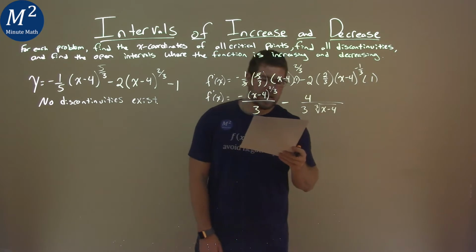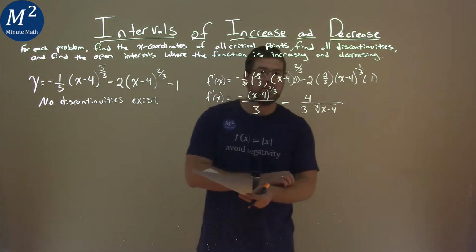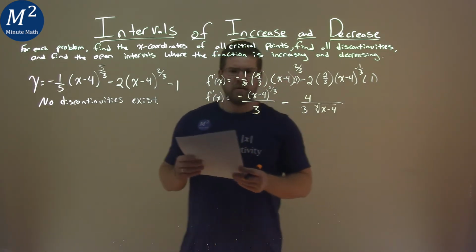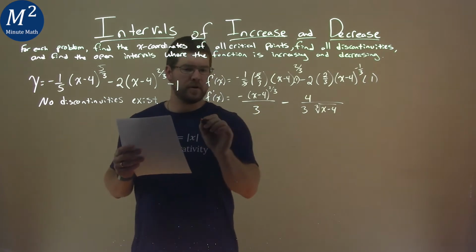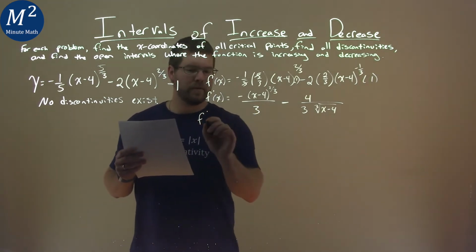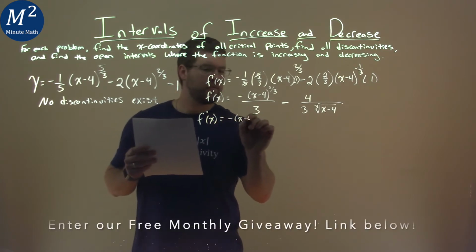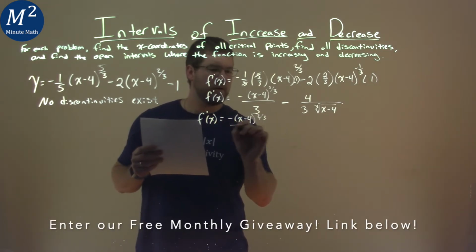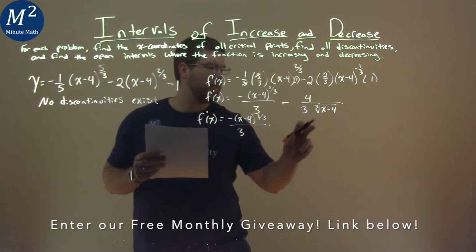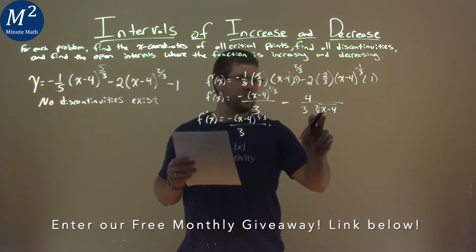Okay, so now this becomes tricky. We need to combine this into one fraction here. So to do that, I'm going to take this first part and get a common denominator, just like we do with fractions. So I have negative (x minus 4) to the 2/3 power over 3, and I'm going to multiply this by the second part of the denominator.